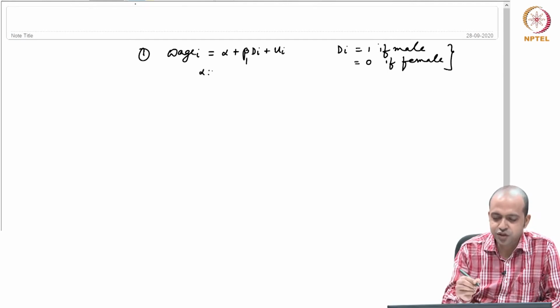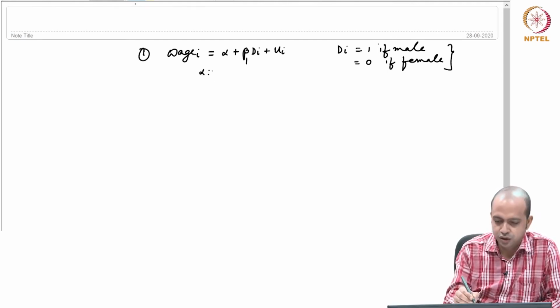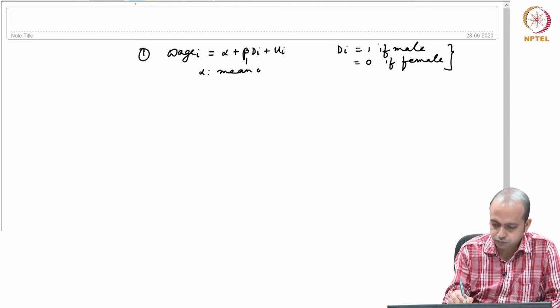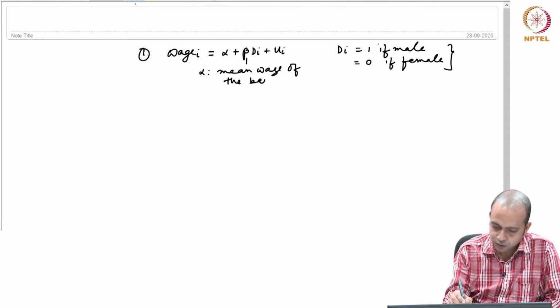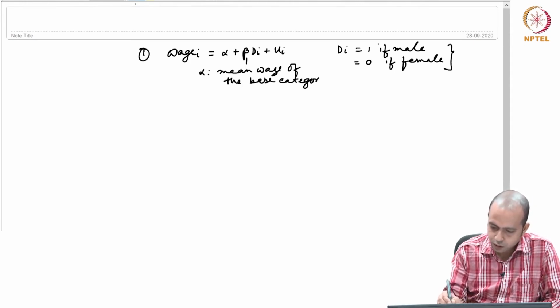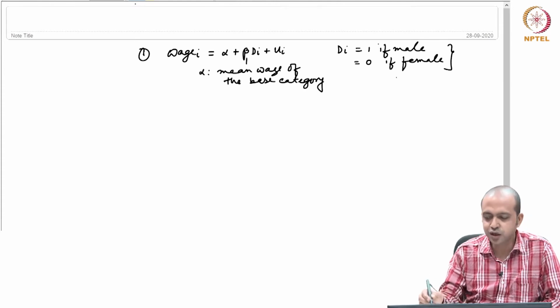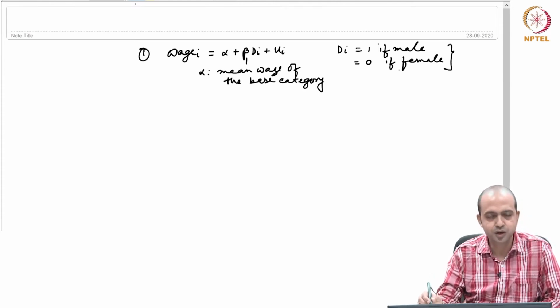Alpha basically indicates the mean salary or mean wage of the base category. And what is the base category here? Here the base category is female, since we have not introduced any dummy for the female category, right.